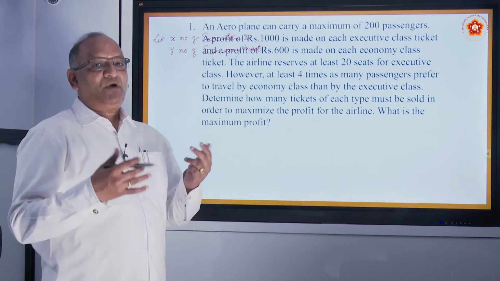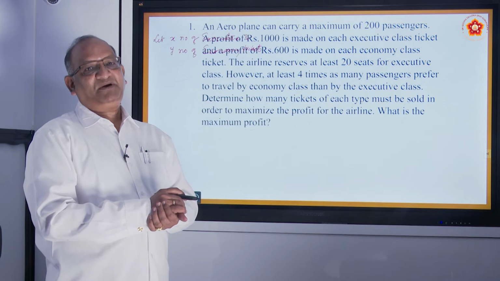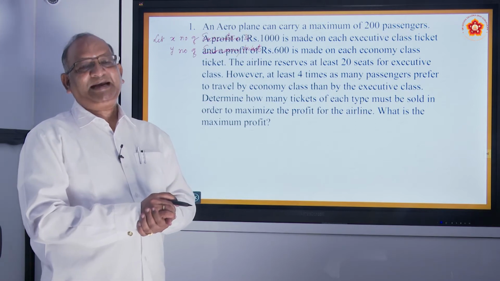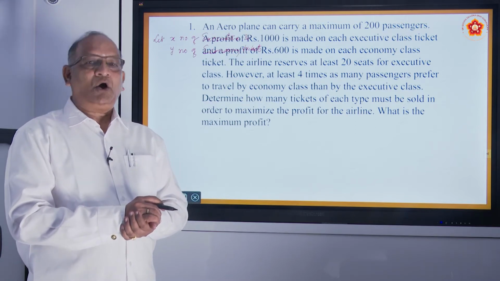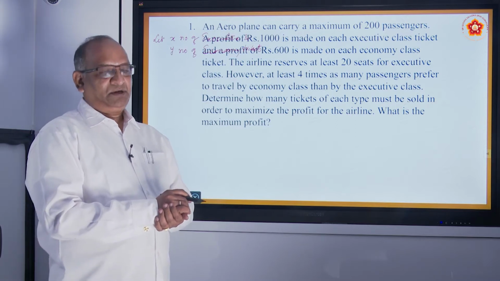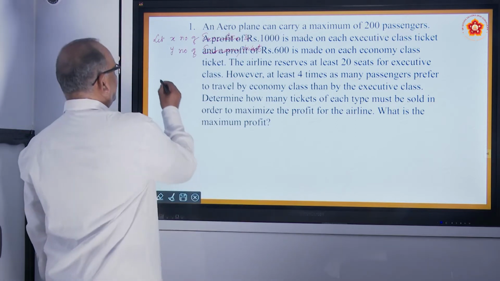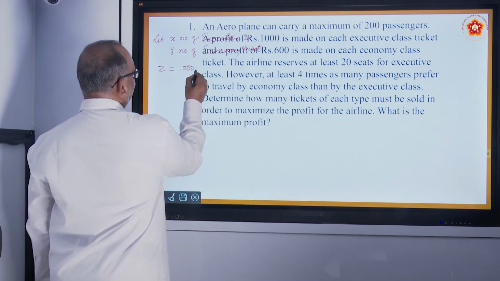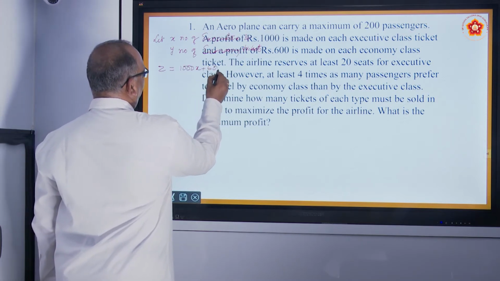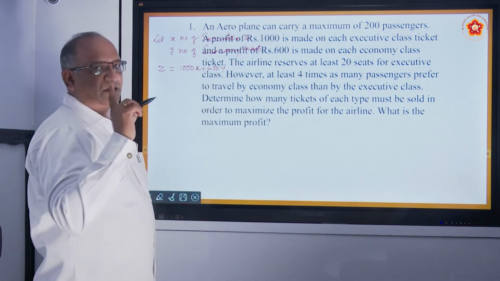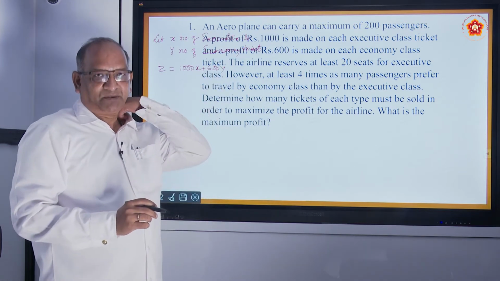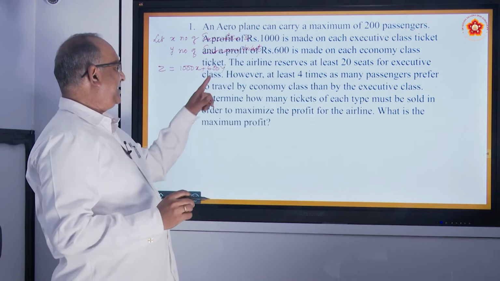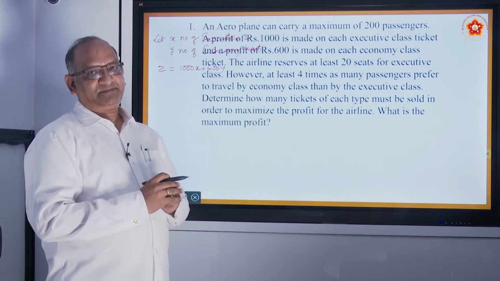Ultimately, we want to know what is the profit. The profit function, we generally take it as Z, and it is called the optimization function. So what is Z going to be? Z is going to be equal to 1000x plus 600y. Why? Because on each ticket he is going to get 1000 rupees profit, and here he is going to get 600.